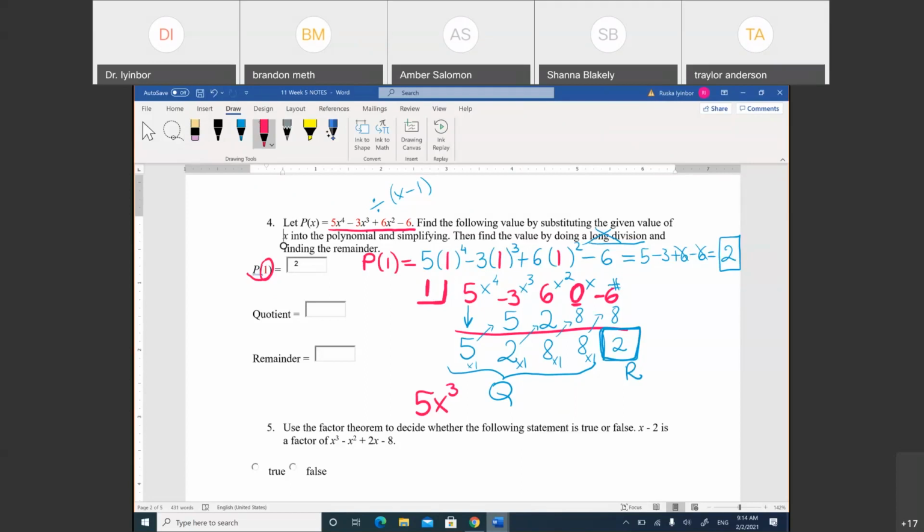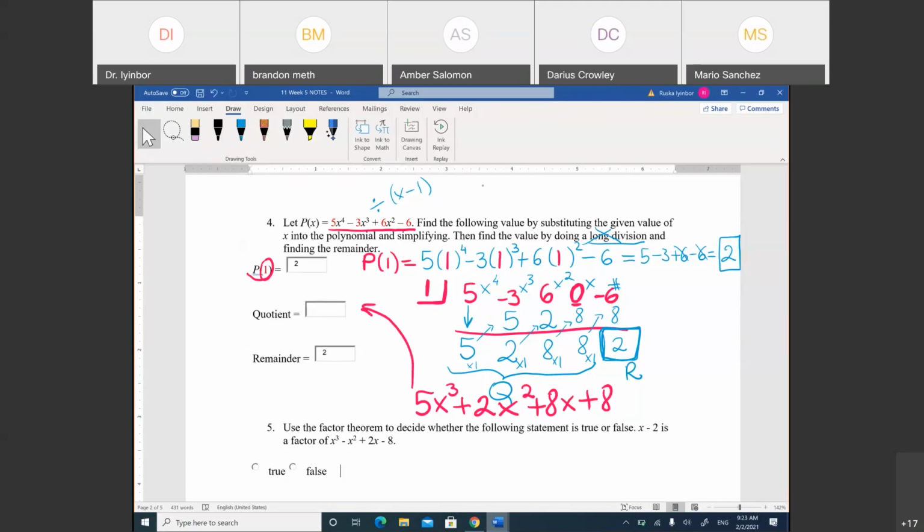Then the next one is plus 2X. What is the exponent? 3, when you subtract 1, it's going to be 2. Then plus 8, X squared becomes X to the first, so just X. And then the X disappears, so it's just plus 8. So this is my quotient. Okay? And the remainder is going to be 2.